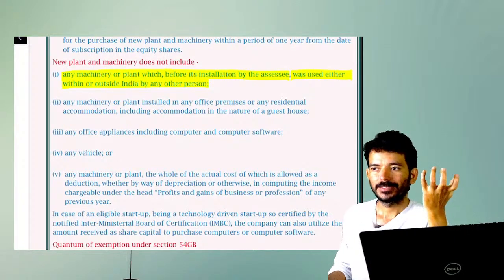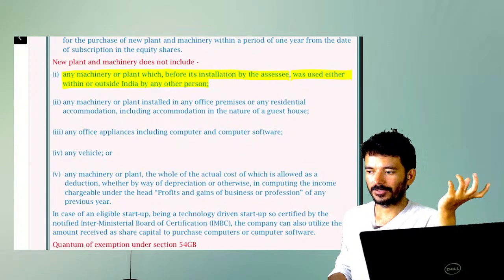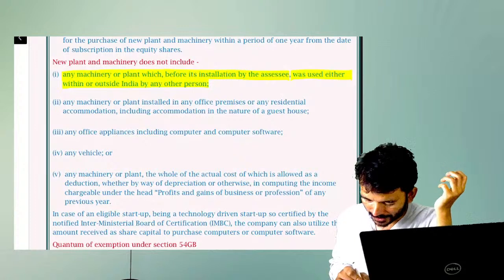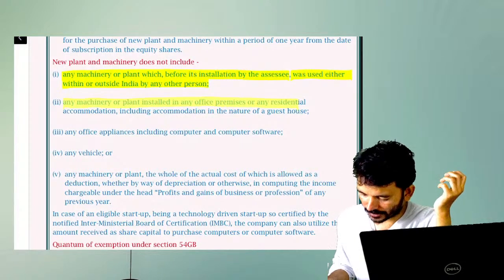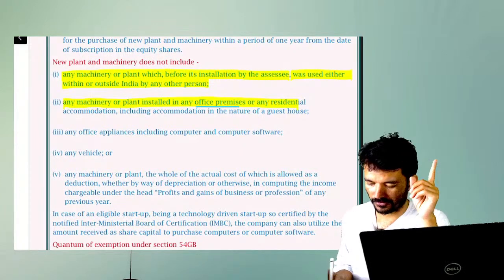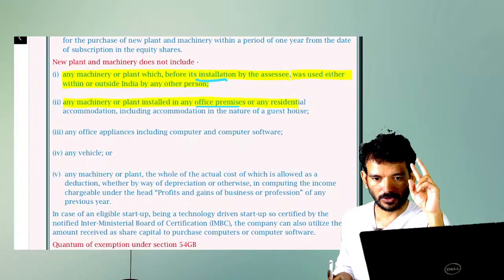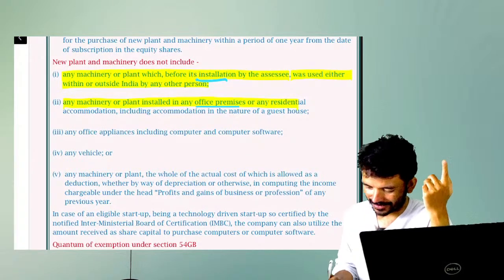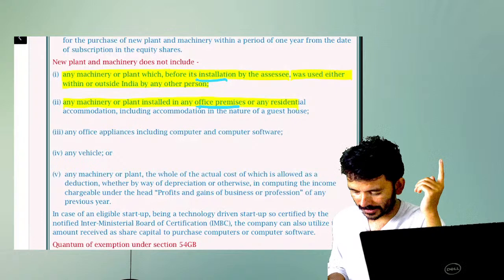You don't make it a second hand market, you go with a good intention. Any machinery or plant installed in any office premises, same thing, additional depreciation was also not available for office premises, or special accommodation in the nature of a guest house.